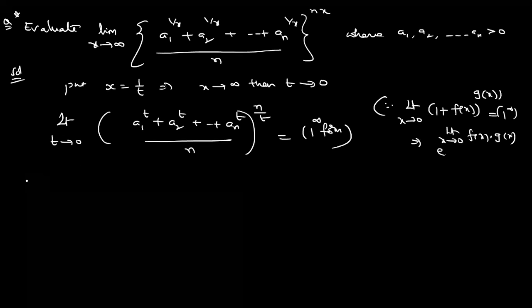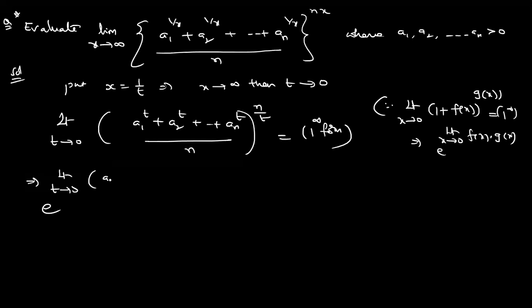So here also, what I'm doing: 1 plus means what here? Directly e power ((a1^t + a2^t + ... + an^t)/n minus 1) into n/t. Why is 1 plus missing here? That's why 1 plus minus 1. Now take the LCM. E power limit t tends to 0.